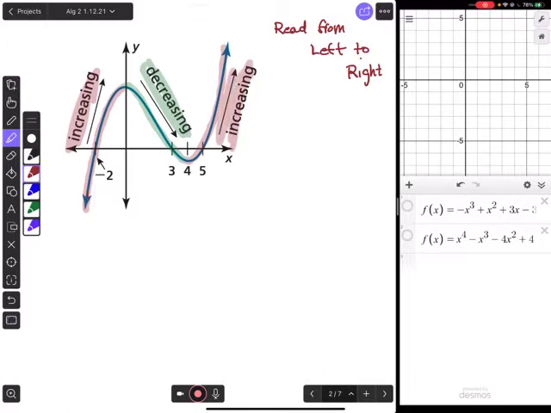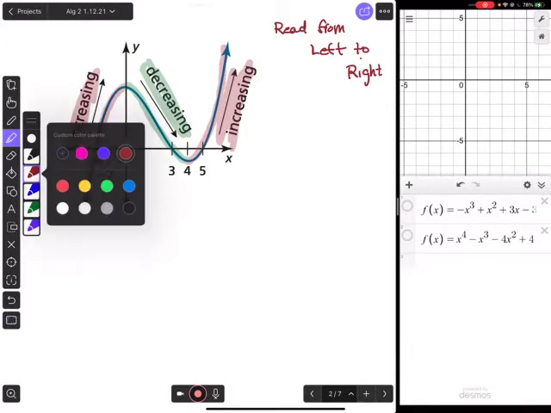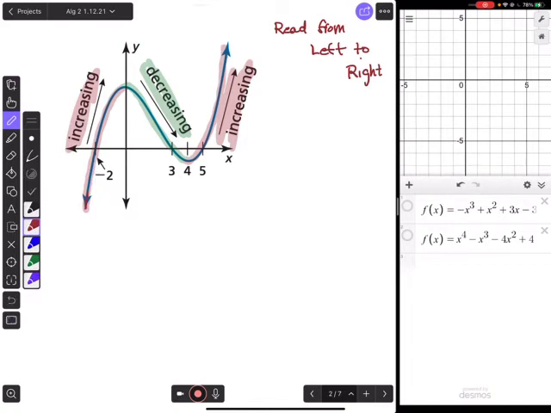So it's got three different regions here. And if we have good numbers like in this case, we can actually describe these regions. First, this increasing region. Look how it always increases till it gets to this point. Well, what's the x value at that point? That x value is 0 right there. And so this whole region, when x was less than 0, to the left of the 0, we could say the function was increasing.